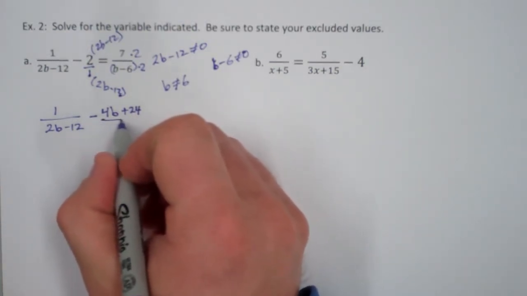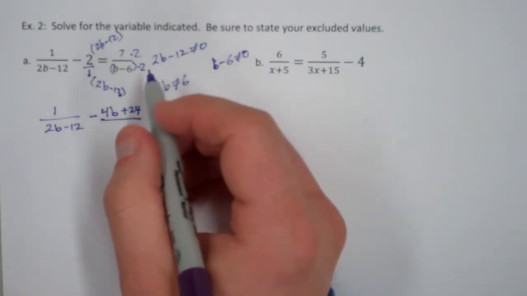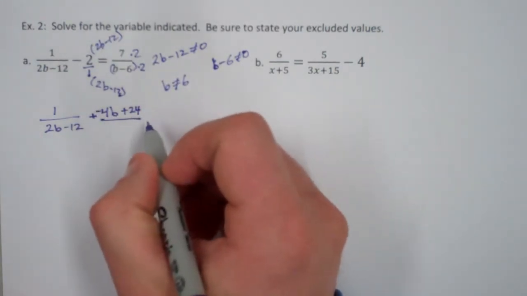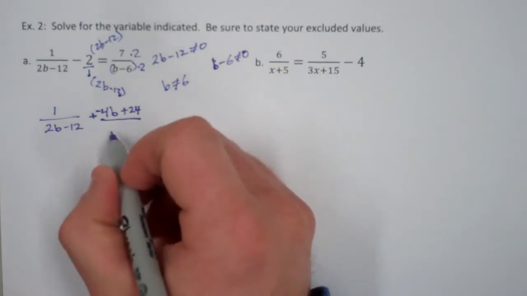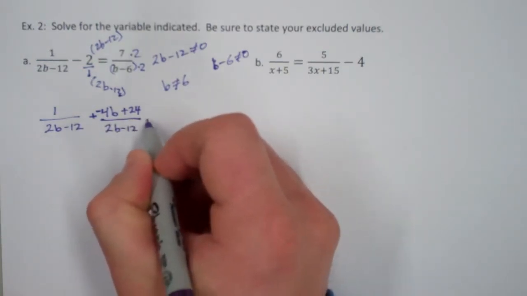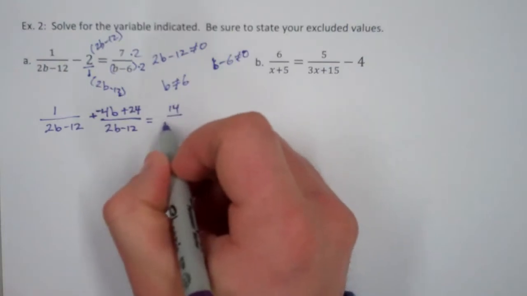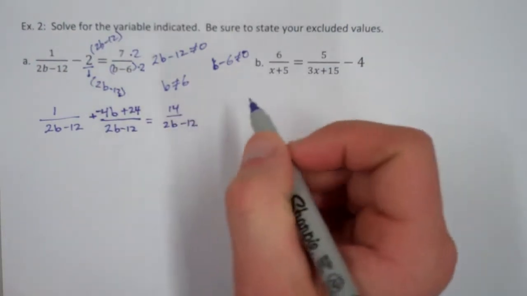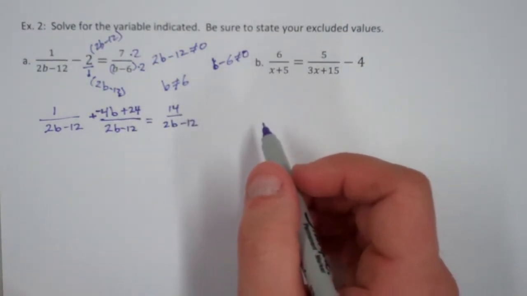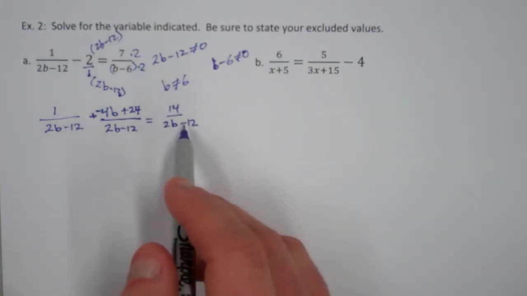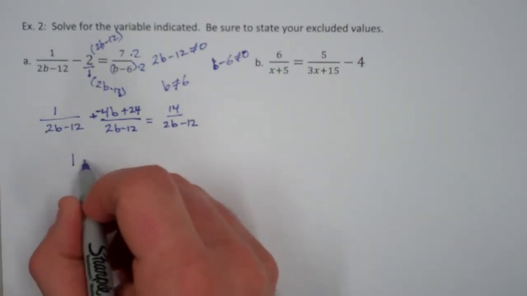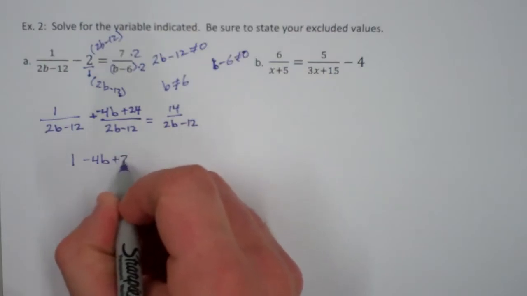And that's going to be all over, and I'm going to make that a negative up here so that we clear that up a little bit. This will be 2b minus 12 in the bottom, and then 14 over 2b minus 12 would be the right-hand side of the equal sign. Notice how we have a common denominator here, so we're allowed to set the numerators equal to each other.